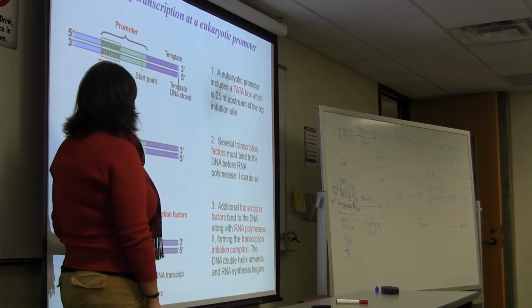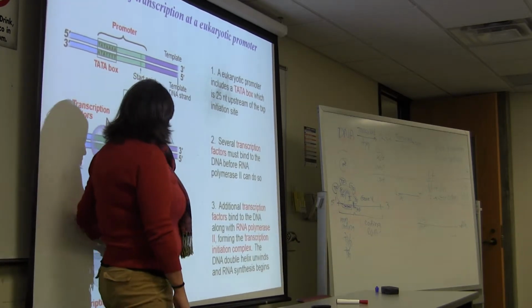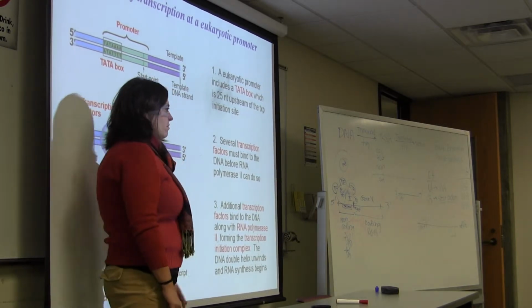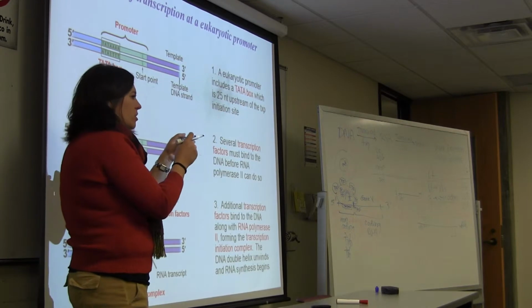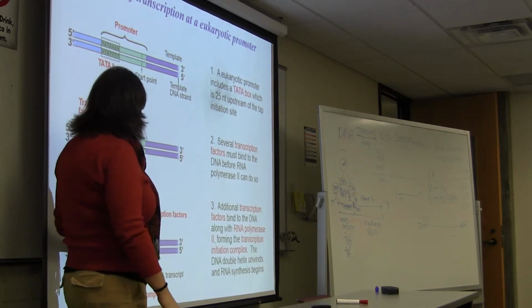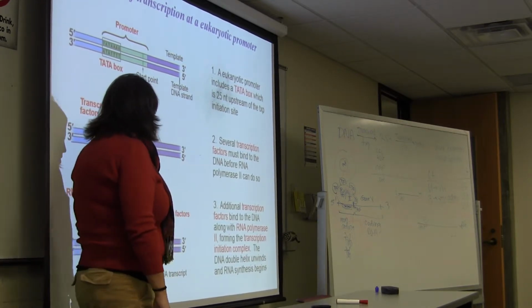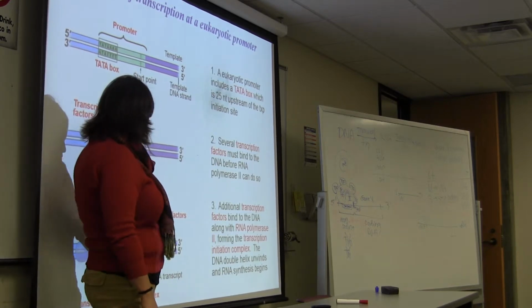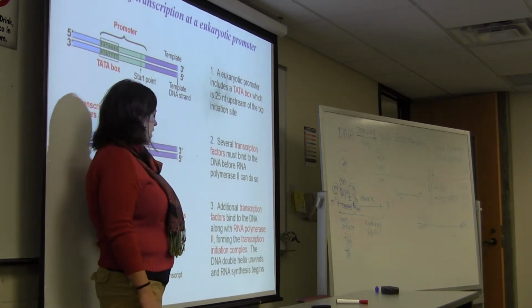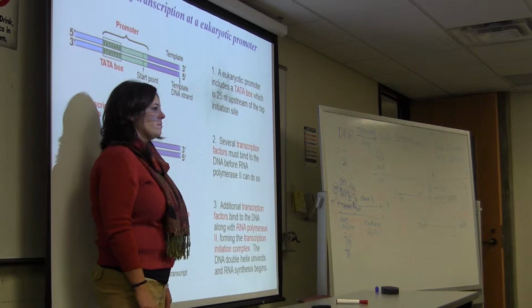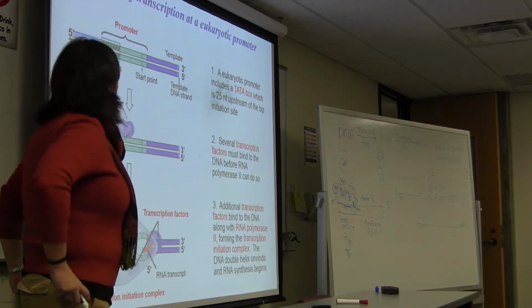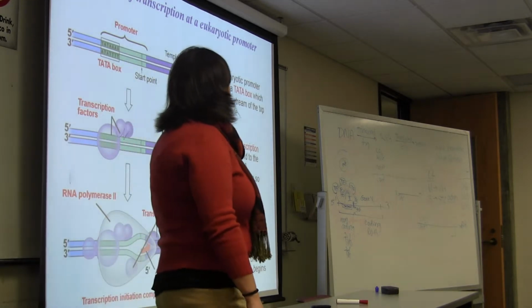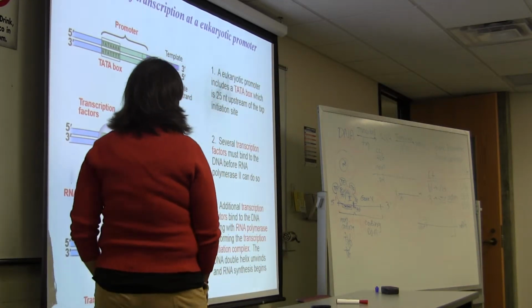And then once everything gets started, the polymerase will start moving down. It'll slowly unwind the double helix, similar to DNA synthesis. And then it'll read that template strand, that 3' to 5' strand, and start making a piece of RNA. So this is just showing the setup of what's going to happen during the initiation of transcription.